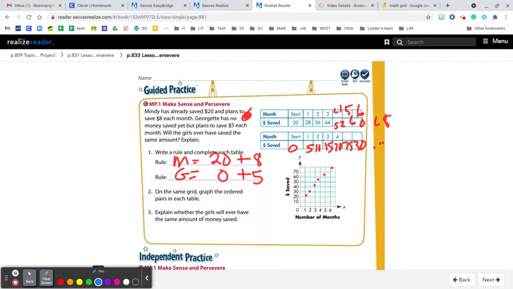And then Georgette: 0, 5, 10, 15, 20, 25, 30, 35, and so on. So you're going to see they will never cross over. So they will never have the same amount of money. And that's it.